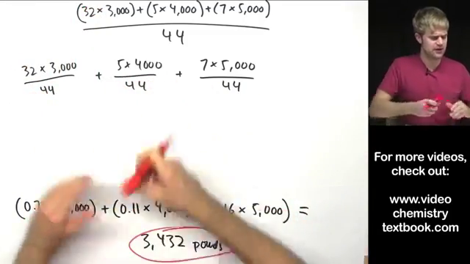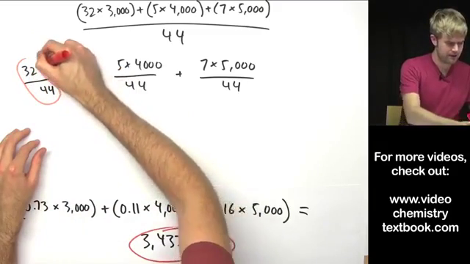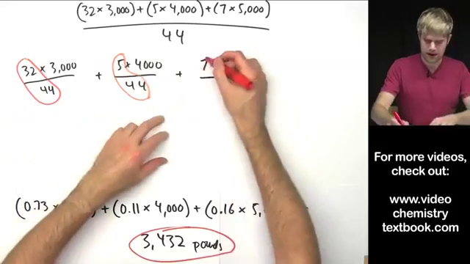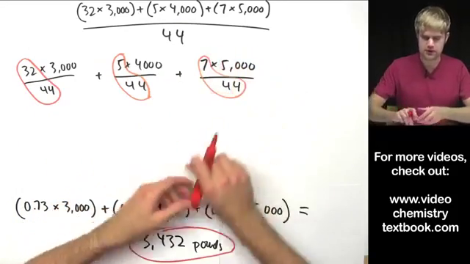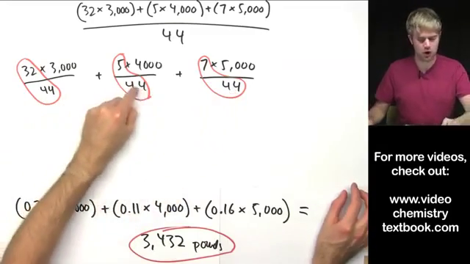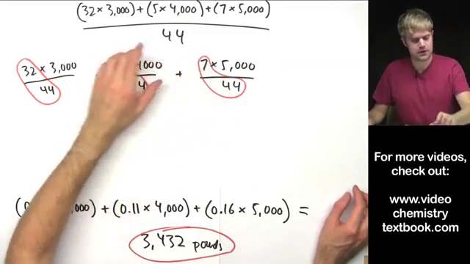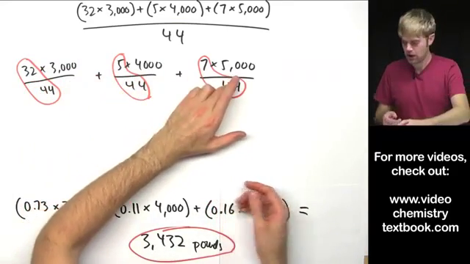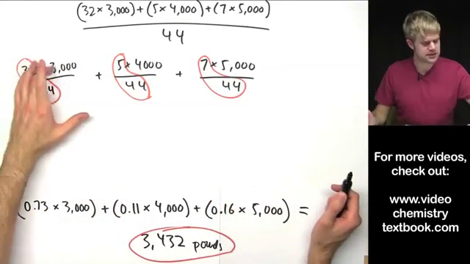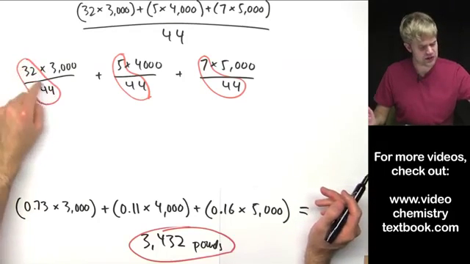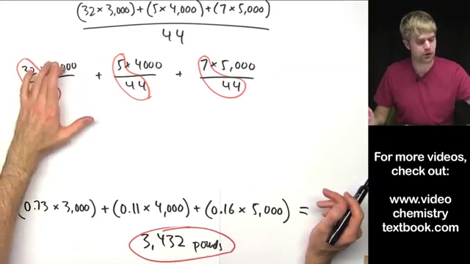Now, take a look at this. I've got a number over 44 in each one of these cases. And this is kind of a percentage, because 44 is my total. And each one of these numbers in the numerator are fractions of that total. So what I can do, since these are multiplied together, is I can divide this and then just keep it multiplied by that.